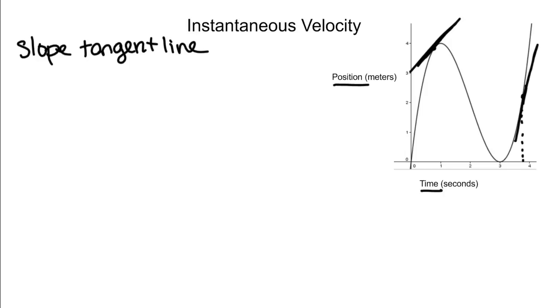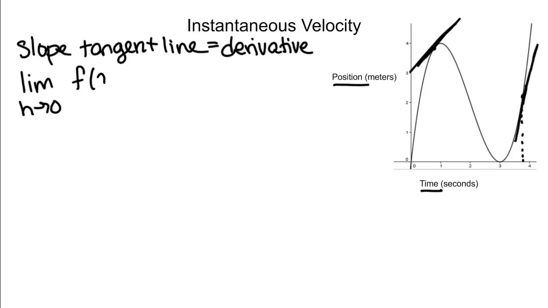And what do we know about the slope of the tangent line? That is our derivative. And hopefully you recall the definition of the derivative. It's the limit as h goes to 0 of f of a plus h minus f of a over h.